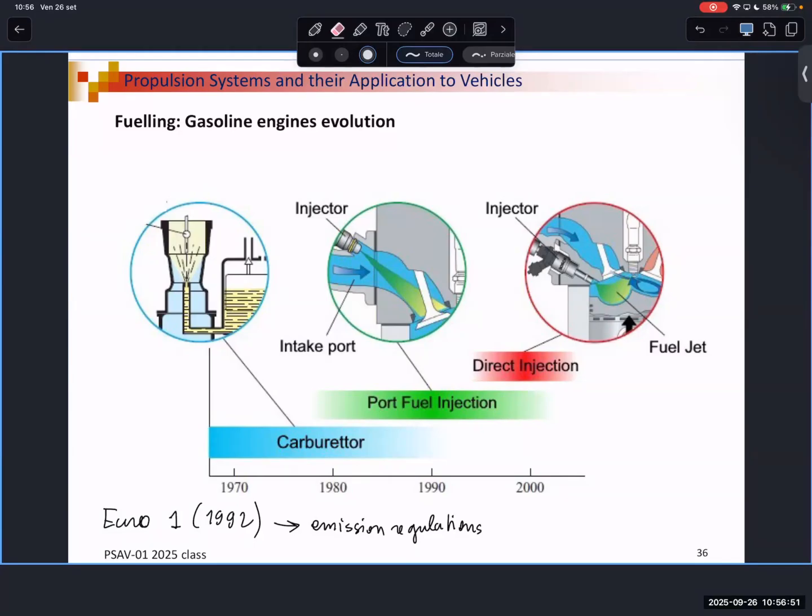From this, we switched to injection, and we can consider port fuel injection, that is also called multi-point injection.